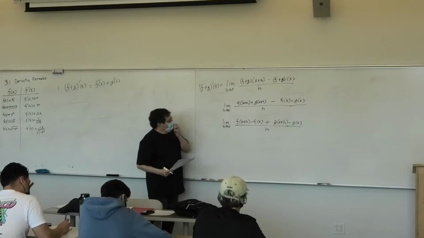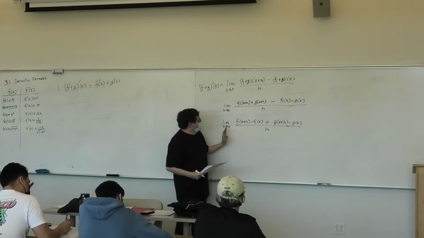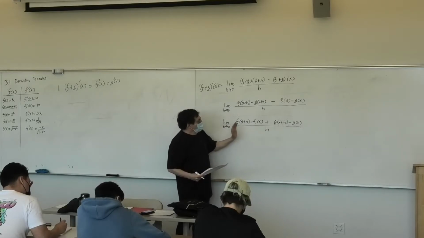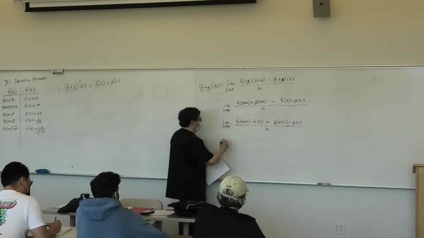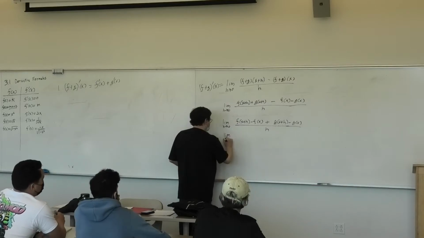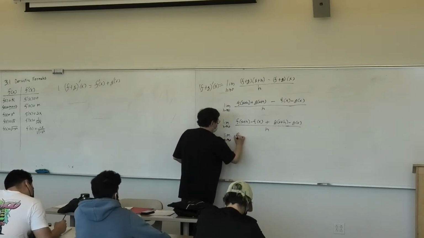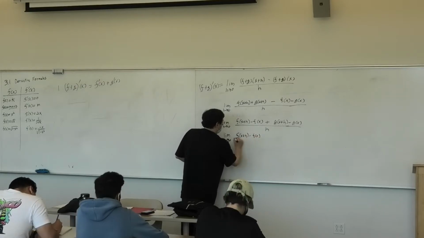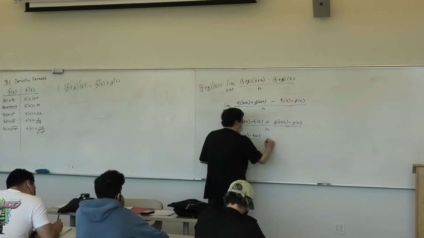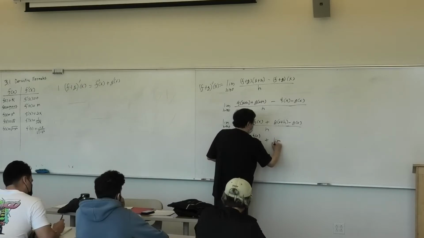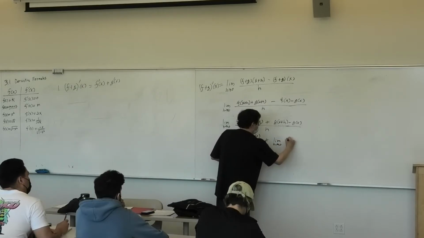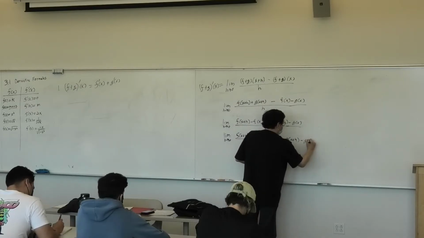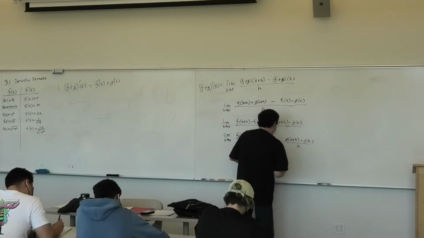Well, now it's starting to look like what we want. We can use our limit laws. It says the limit of a sum is the sum of the limits. We can break this up into the limit as h approaches 0 of f of x plus h minus f of x over h, plus the limit as h approaches 0 of g of x plus h minus g of x over h.